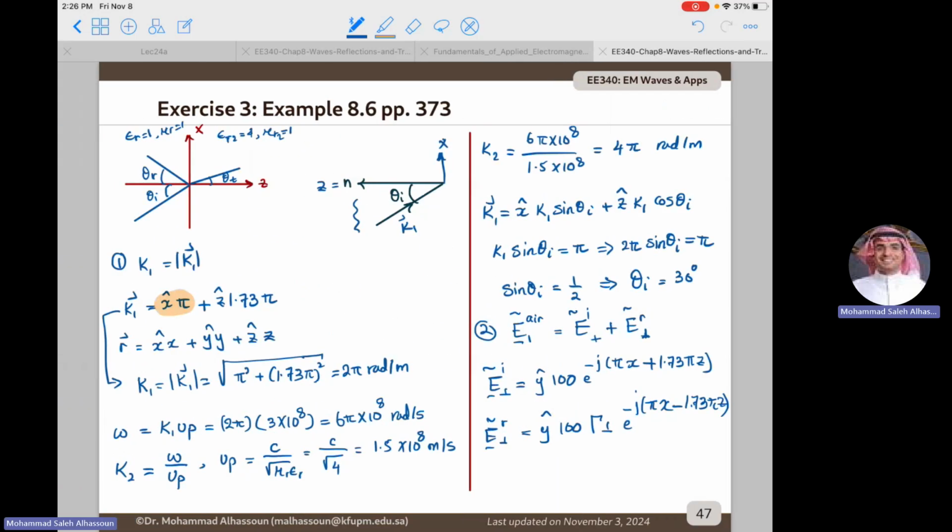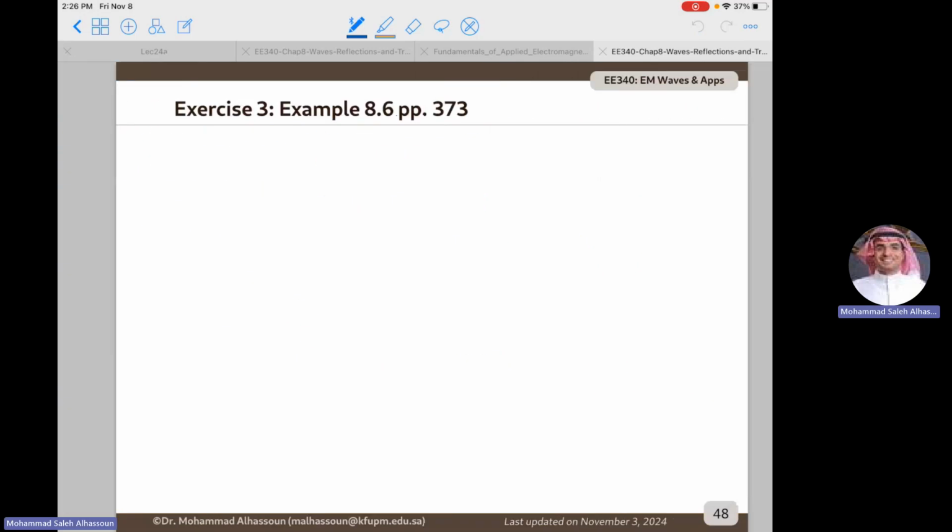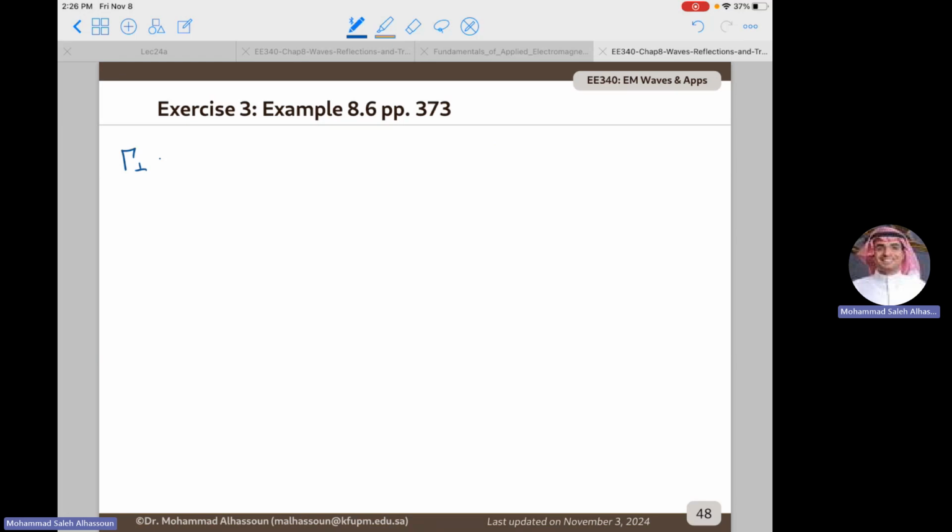So clearly we need to compute the reflection coefficient. The reflection coefficient is simply in terms of N1, the refractive index. Remember, we are able to use this formula because medium 1 and medium 2 are non-magnetic media, meaning that mu r in both media is simply 1.